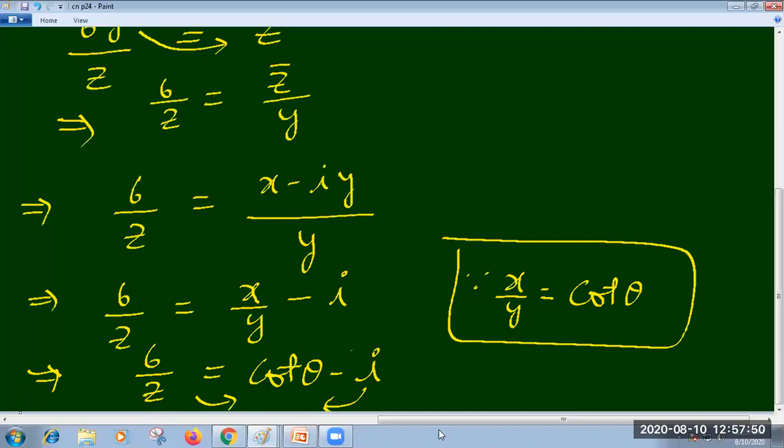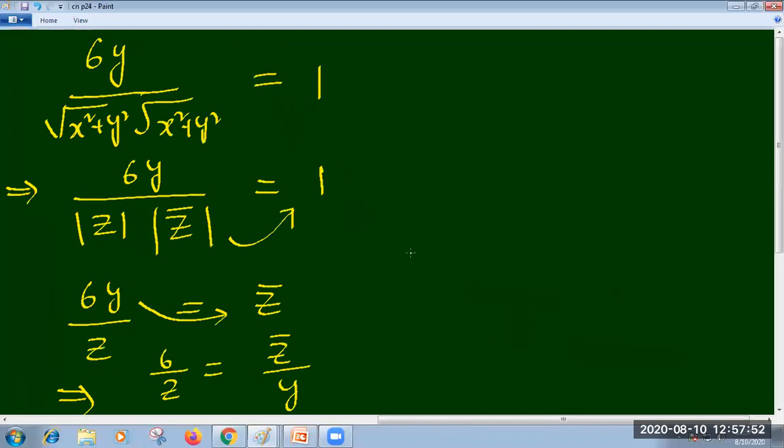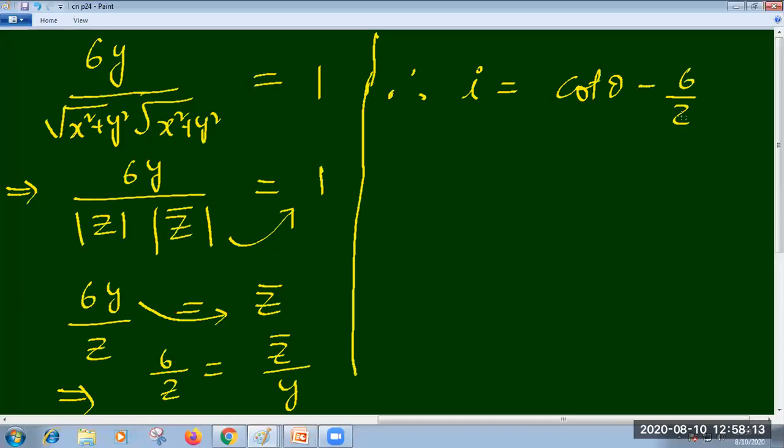Left side, and 6 by z right side. You can write it as i is equal to cot theta minus 6 by z, or reverse.